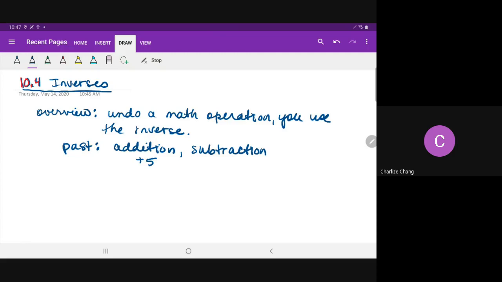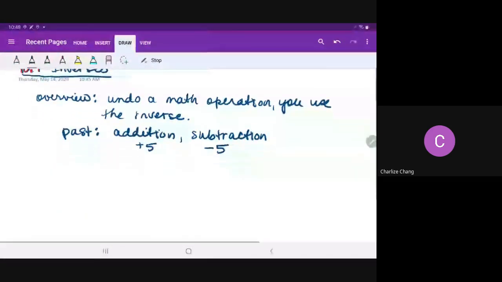So if I was on the number 12 and I added 5, to get rid of the adding 5, I could subtract 5. I can do the opposite. We kind of call it the opposite operation, but really it's called the inverse operation. That's its official name. And now that you're in Algebra 1, we can start giving things more official names.